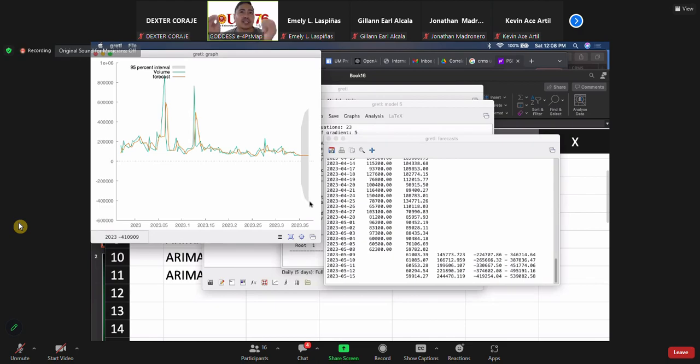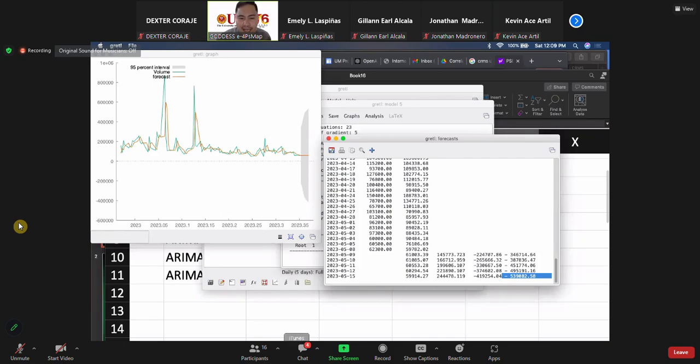The values proximal to the last value, the day after the final data set, are always the most reliable. This one, and this one. The most unreliable is this one, which is proven by the very wide spread of its confidence intervals. It is very different compared to the difference of this one, which is from this and from that.